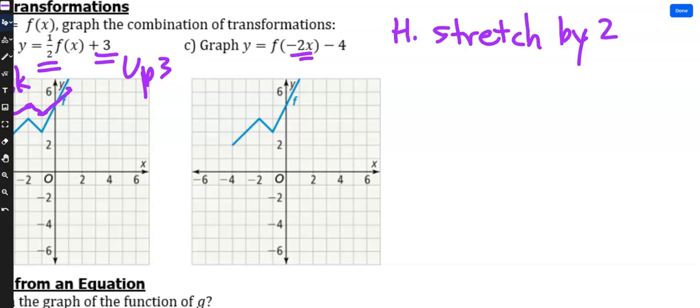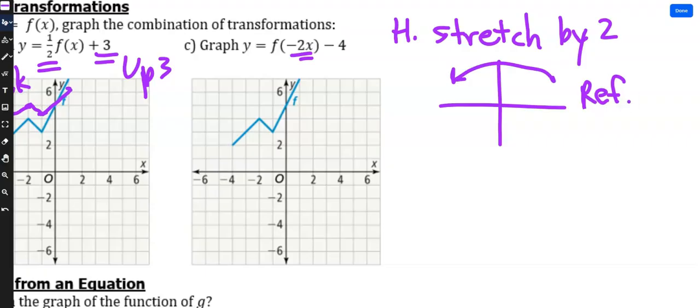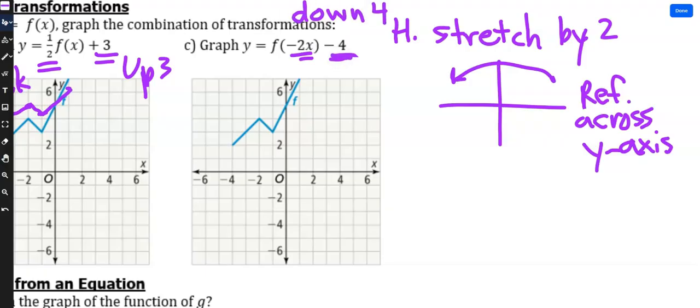We're also multiplying the x by -1, and when we do that, remember, we're jumping across the y-axis, so there's going to be a reflection across the y-axis. And then the last thing in our list is this one over here, and that would be down 4. But we're going to do the multiplying part first.